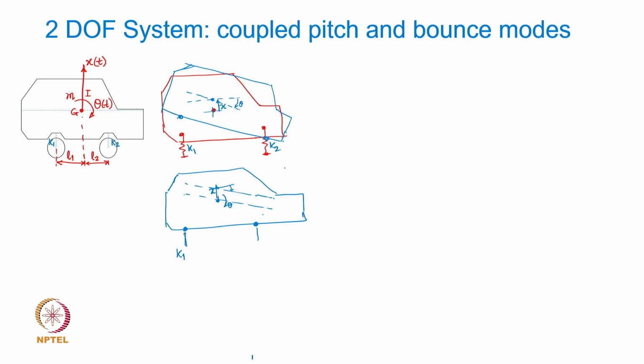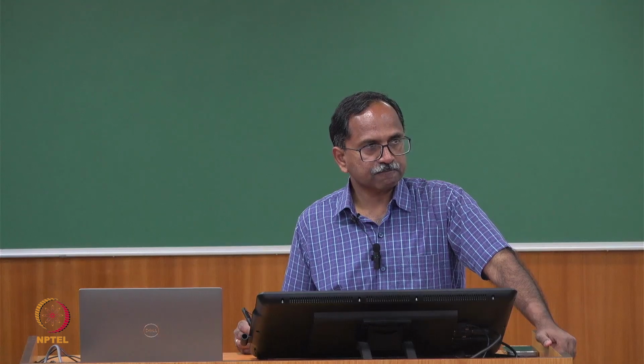The force which is going to act at this point, for a positive displacement x and positive pitch angle theta motion, what is going to be the restoring force? It will of course be proportional to the stretch in the spring, and the proportionality constant is K1, right. So how much will be the stretch in the spring in this case? Is it going to be x? Shall I write this as K1 into x?